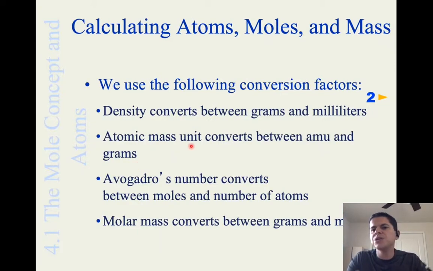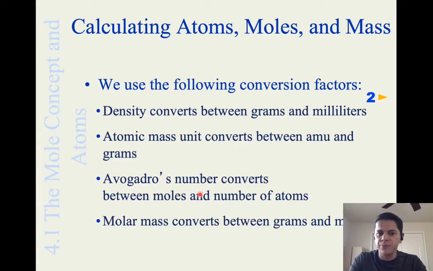We are going to be using all of these things that we just mentioned as conversion factors. Remember, in the past, we used to convert grams to milliliters. What did we use for that? Well, we used density. But now we're going to be able to convert atomic masses to grams, converting between AMUs and grams, using the conversion factor that we saw, the one of times 10 to the negative 24 grams equal to an AMU.